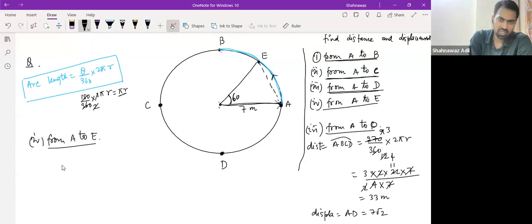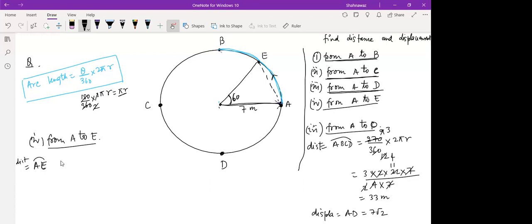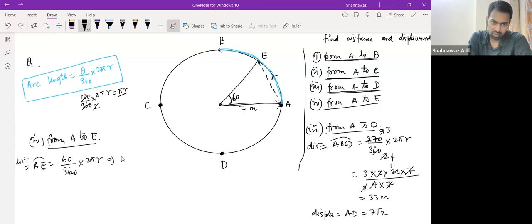So what would be the arc AE? 60 by 360 into 2 into 22 by 7 into 7. So this would be 1 by 6 into 2 into 2 pi r. So this 7 cancels this 3, and so this is 22 by 3.